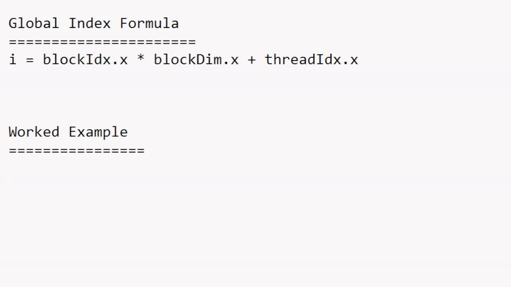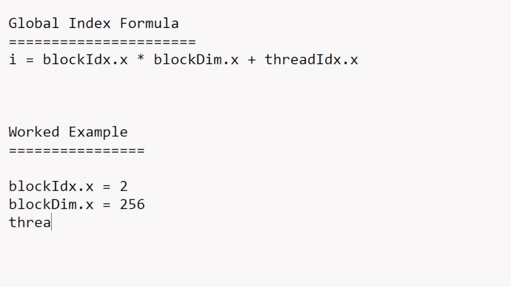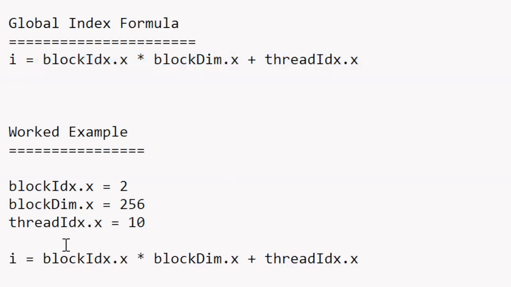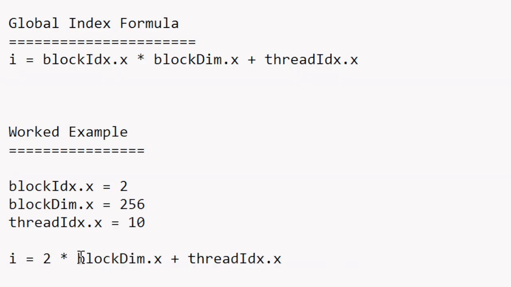Let us calculate the global index together. Suppose we have blockIdx 2, blockDim 256, threadIdx 10. Now if you substitute this in this formula, you replace this by 2, you replace this by 256, and you replace this by 10.